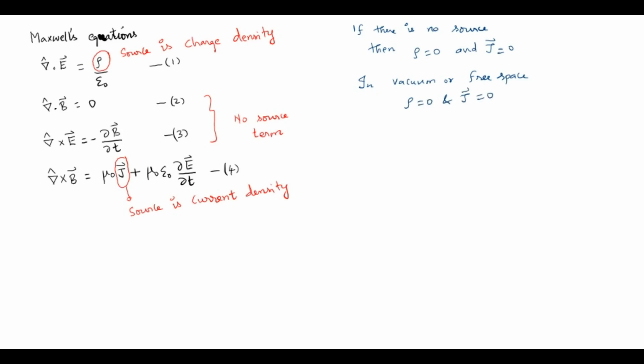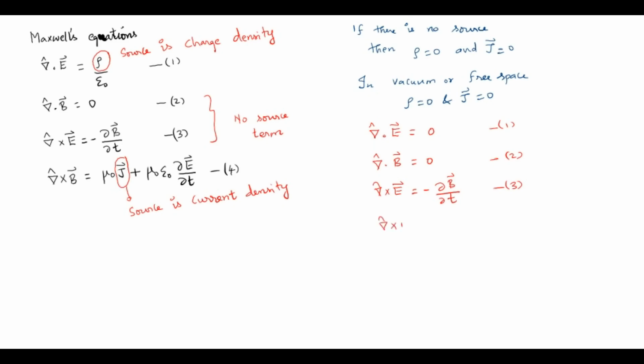Then the Maxwell's equation என்ன ஆகும் அப்படின்னு பார்த்தீங்கன்னா, we can write the Maxwell's equation as divergence of E vector is equal to 0, you call it as equation number 1. Divergence of B vector is equal to 0, you call equation number 2. Curl of E vector is equal to minus partial derivative of B with respect to T, you call equation number 3.